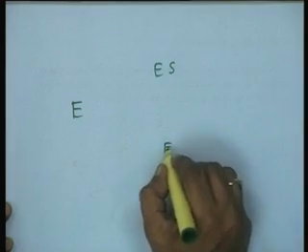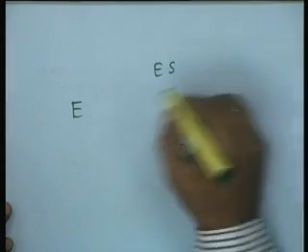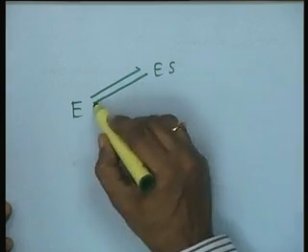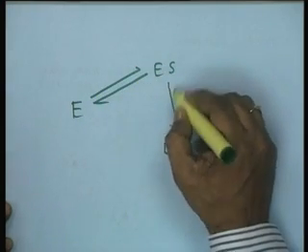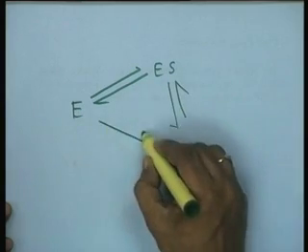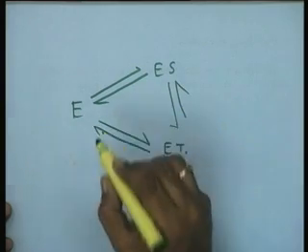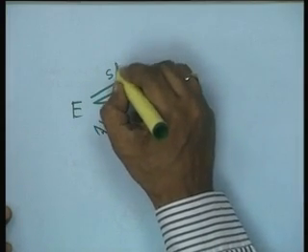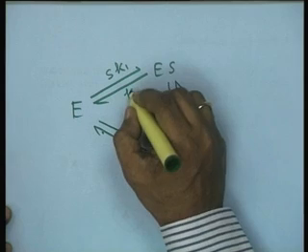Now the interconversion of each of the enzyme species, say for example ES to ET, let us say this is your S K1, K minus 1.